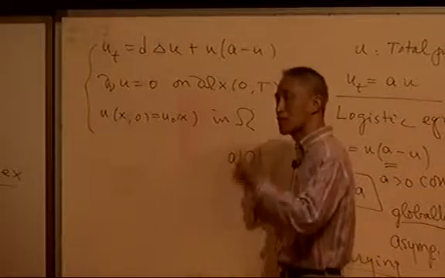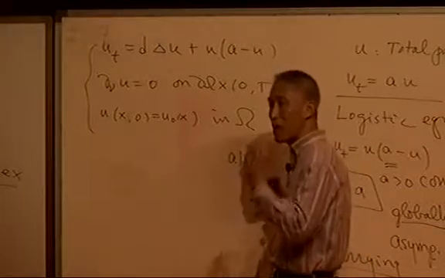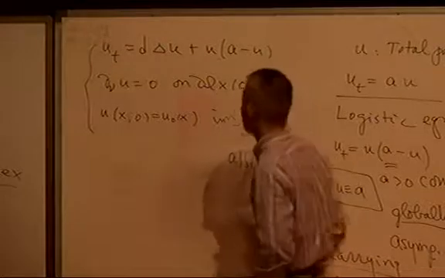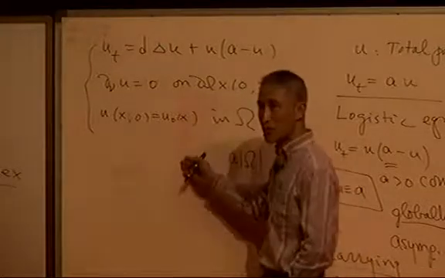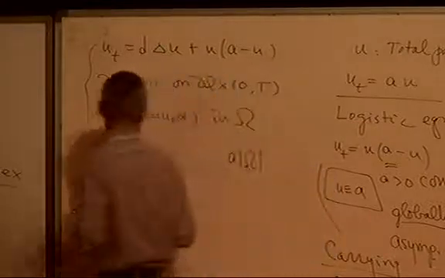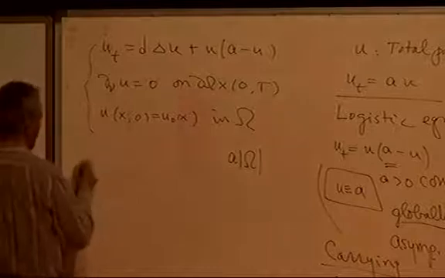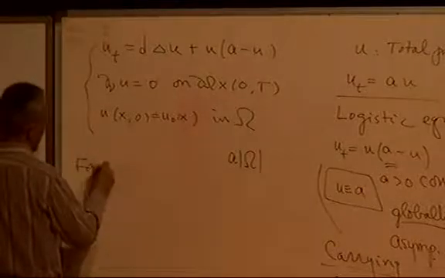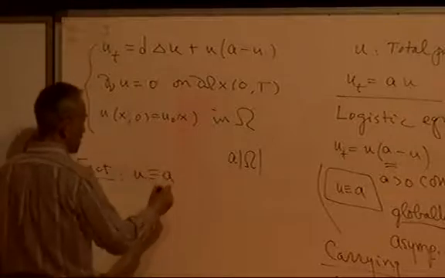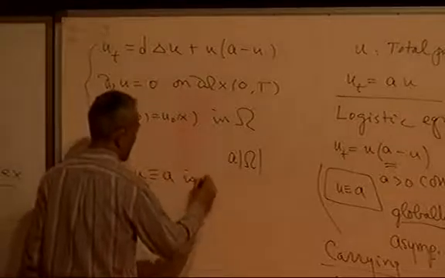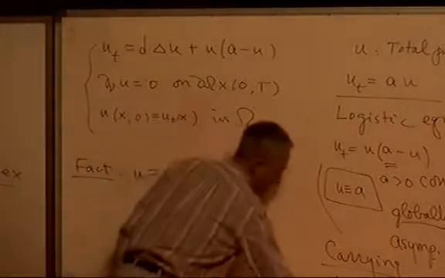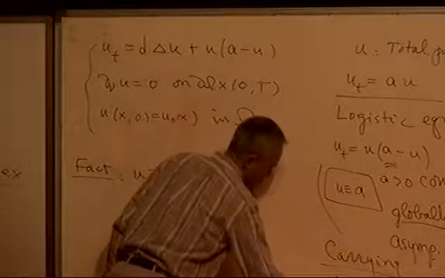This is the limit, the upper bound for the total population. It cannot exceed this one when you add diffusion. You can prove this rigorously. So this is a fact: U identically A is a globally asymptotically stable steady state.